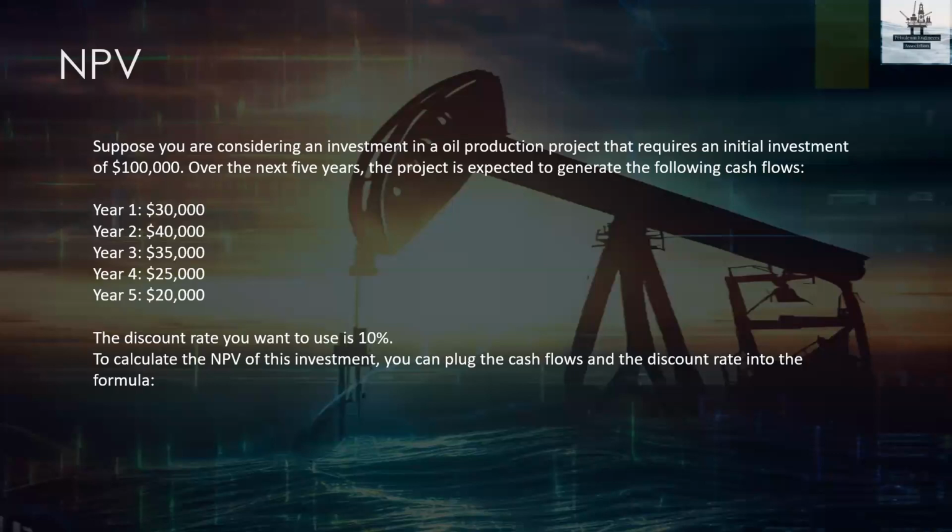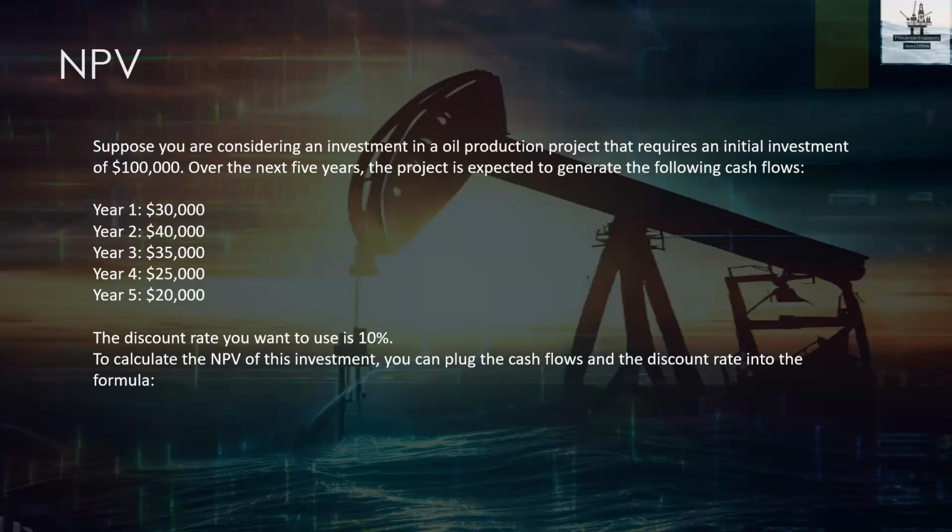In the same way, year two will be even less. It could not be 40,000, it will be 10% less, but it will be adjusted with the year also. It came in the second year, so cumulative reduction will be there, which you are supposed to calculate. Whatever outcomes you are getting here will not be the same. It will be less than that, because the money value is reducing by 10% every year.